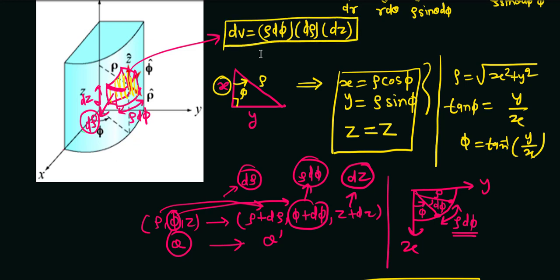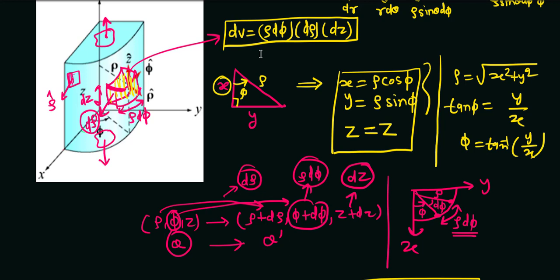Similarly, you can find the surface. Now, the surface depends on which plane you are in. If you are in the top plane, the surface area would be different; in the bottom plane, the direction of area would be in the positive z-axis; and if you are on the curved surface, then the direction of area would be rho cap.